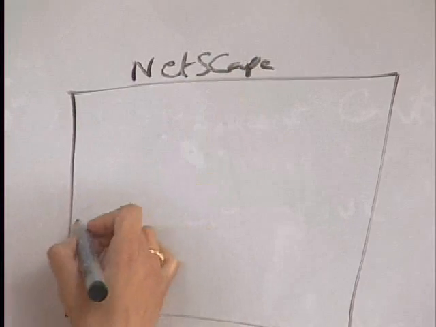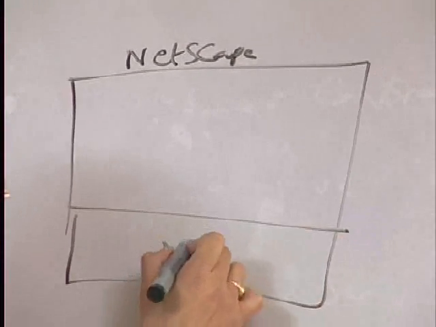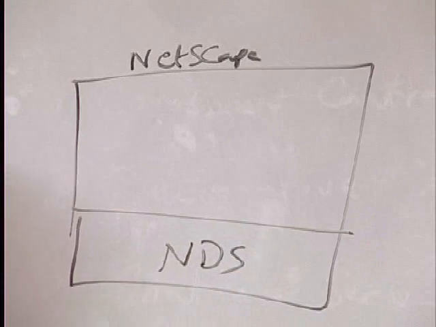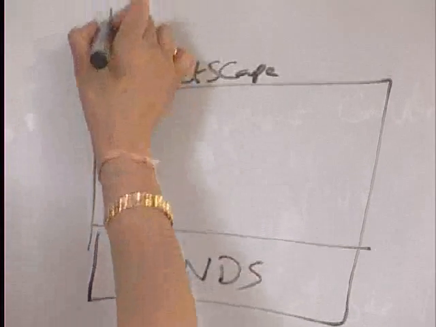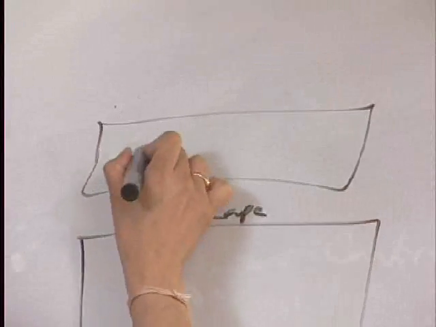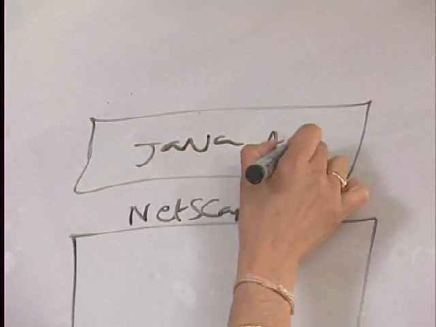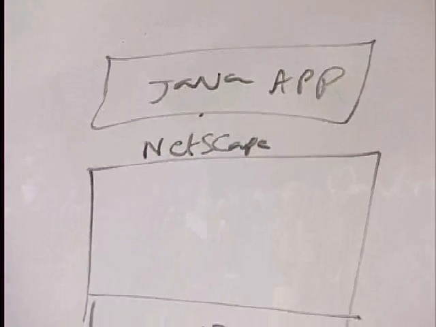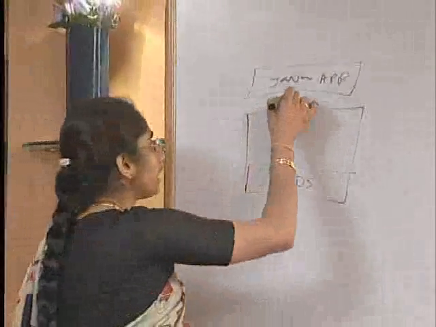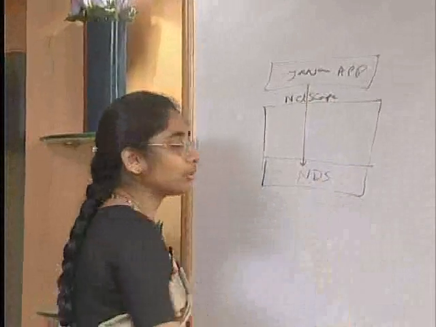The Netscape server has a naming and directory interface, let's call it NDS. Now your Java program, the application, if it needs to talk to the naming and directory service, has to use the API of NDS to communicate with NDS.